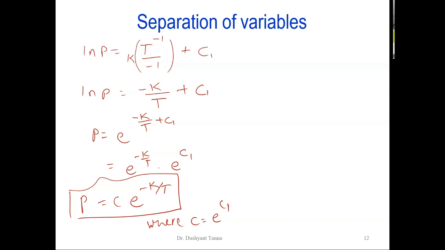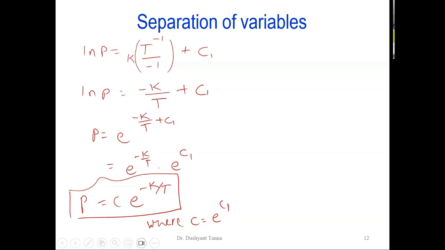You can say x, y is 1 and 3 on a line, but that's only to identify the intercept or some other property. But then you'll always write y is equal to 2x plus 3. Same thing goes here. P and T are your variables. C and K are your constants. Someone else could have assumed L rather than K, C dash rather than C, or D rather than C. That can change, but P and T will not change. Yeah, cool.